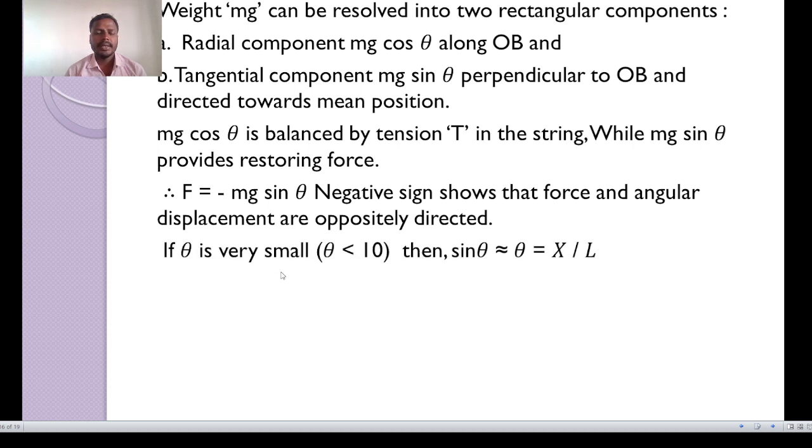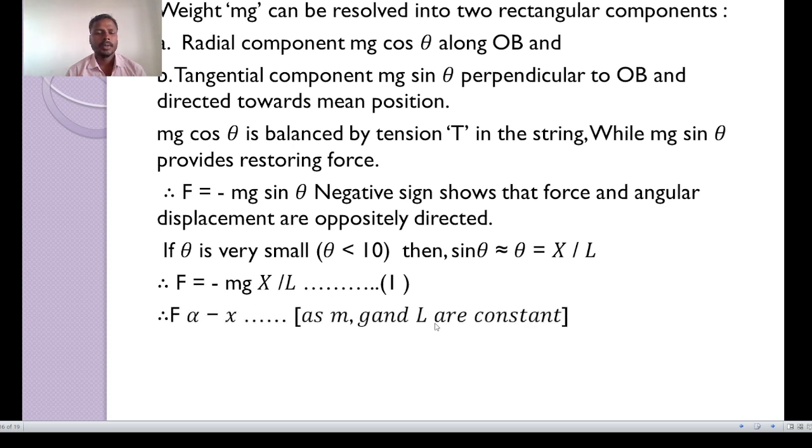If theta is very small, then sin theta is nearly equal to theta, where theta is equal to x divided by L from the diagram. Putting the value of theta in this equation, we can write F is equal to minus mg x divided by L. This is equation number 1.